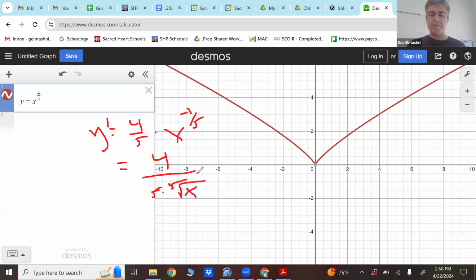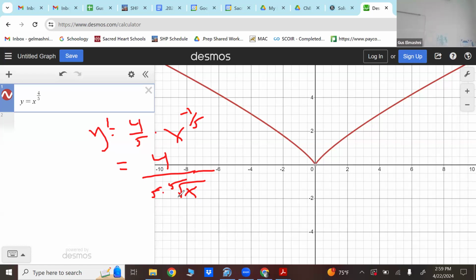Now, here's the deal. If you plug in 0, what happens? It's undefined, right? When you're undefined, you don't exist. The derivative does not exist there because of what I just wrote. So also, if you were to plug in numbers very close to 0, like say 0.00000001 or negative 0.000001, you get infinity, right?